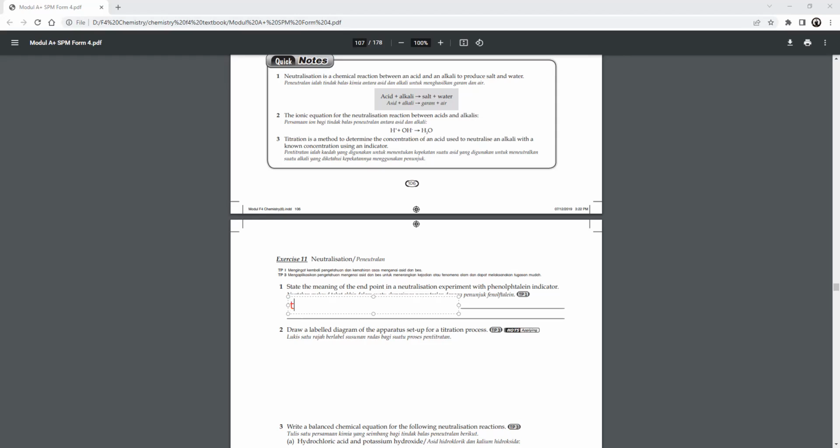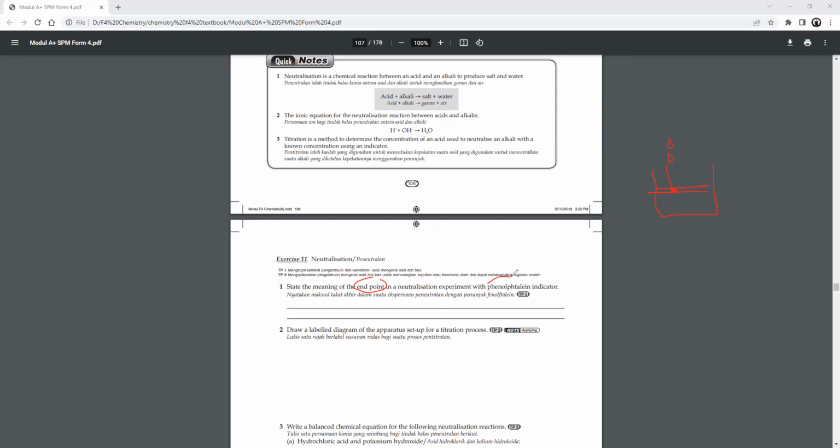The meaning of the end point of neutralization. You know what is the meaning of the end point? All right. So normally we do one experiment here. Let's say this is alkali. You titrate it with acid. So until the last point, the end point, this drop, then the whole thing changes color, right?